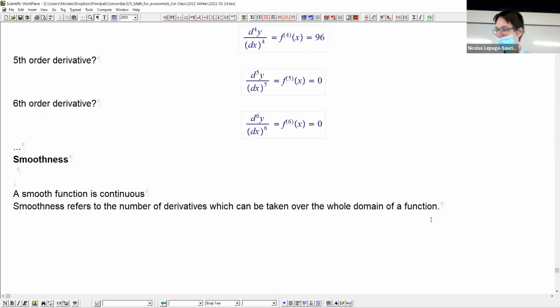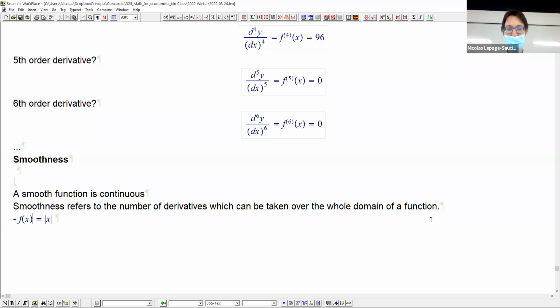Okay, so let's go with some examples. So f(x) equals the absolute value of x. Is that continuous? No. So I have some other opinion. Is it continuous? Continuity is: I can draw it without lifting my pencil.